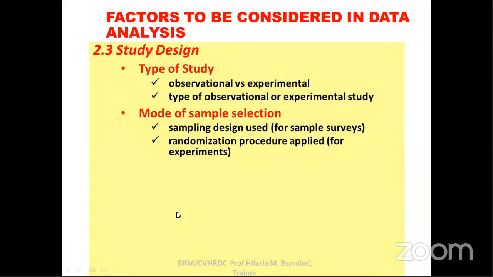So we have cross-sectional, we have also case control, and so on and so forth. These are all discussed in your research subject. So this will affect the way you analyze the data.